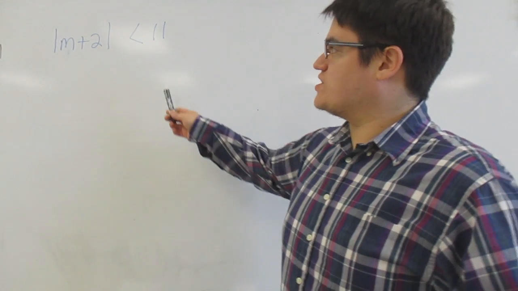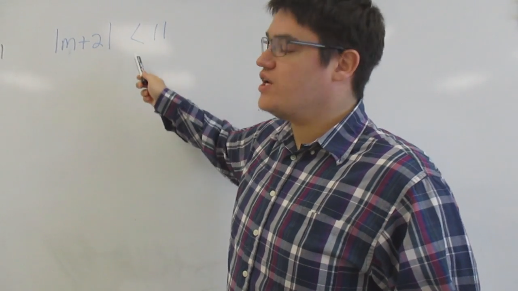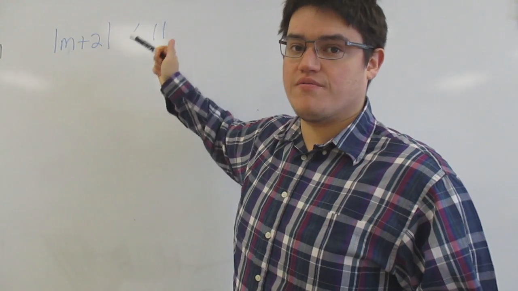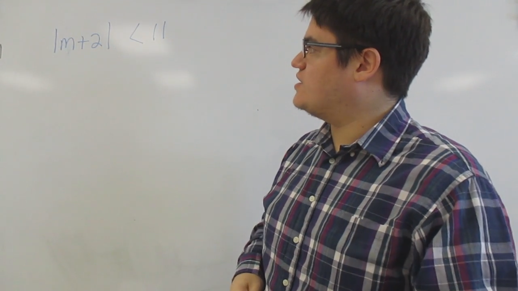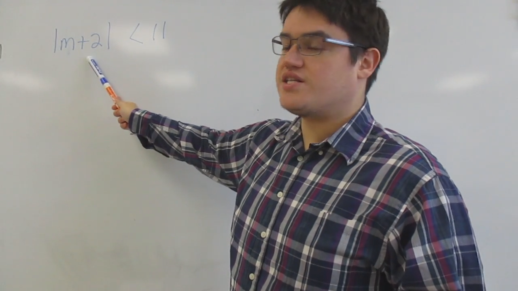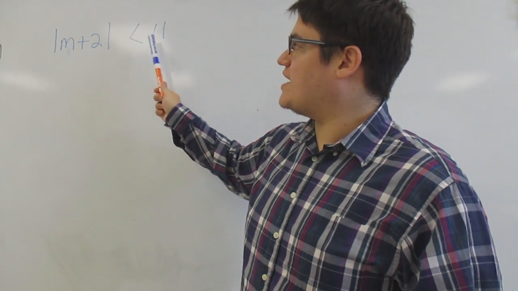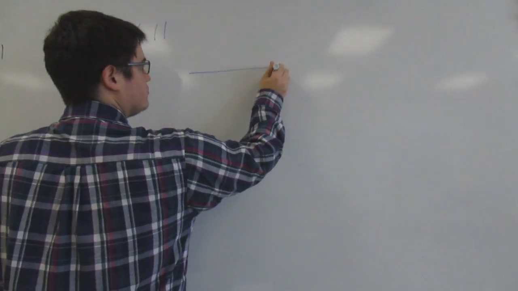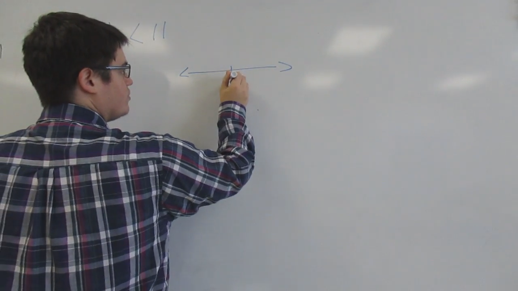So before, when this was an equation and there was an equal sign there, we were saying that the distance away from 0 was equal to 11. Now what we're saying is that the distance away from 0 is less than 11. So we could draw this, kind of get a look at it. So the 0.